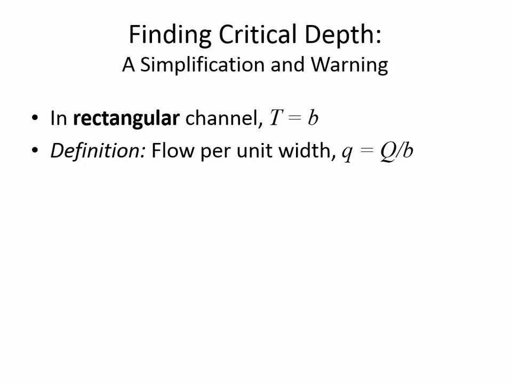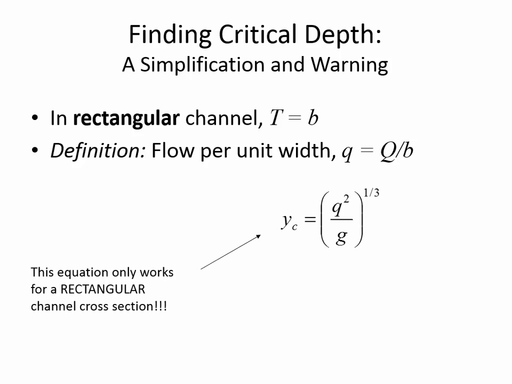So we're saying 10 cubic meters per second divided by a channel width of 4 meters. The flow per unit width is 2.5 meters squared per second. That's the units of it, meters squared per second. So it's how much flow we're getting for every 1 meter of width in the channel.